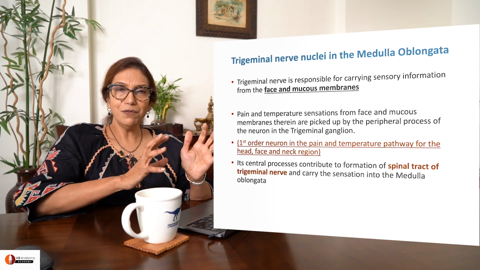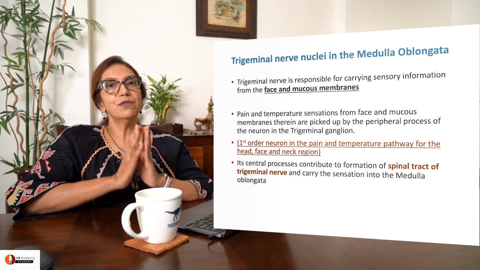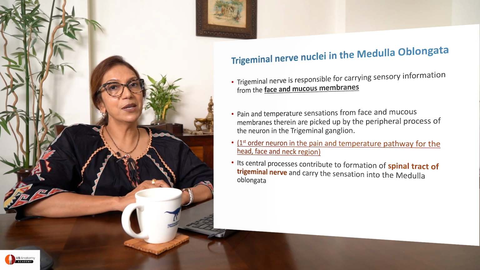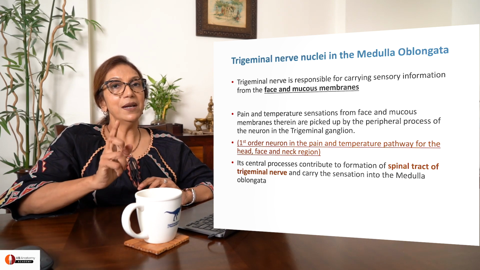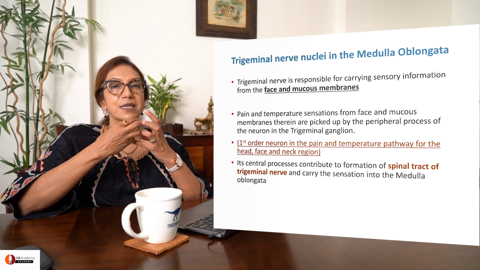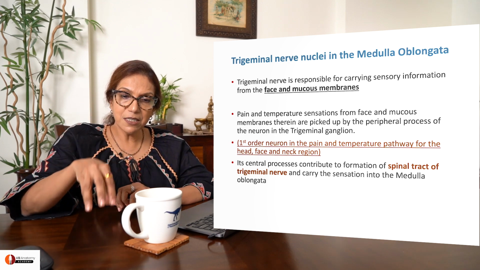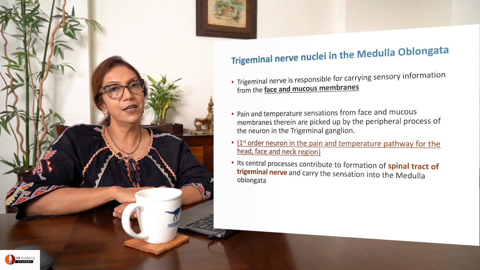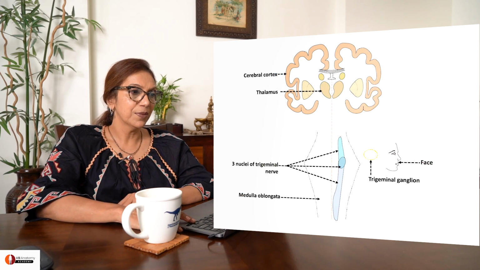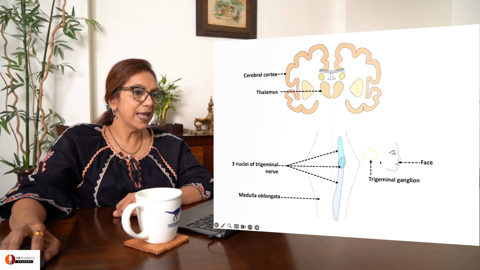So, a lot of information for you. Just remember, pain and temperature from the spinal cord comes via lateral spinothalamic tract, remember? Similarly, pain and temperature from your face and your mucous membranes comes via your trigeminal nerve and relays in spinal nucleus of trigeminal nerve. I will explain this again and again, you will get it. Right. So here's your face, here's your trigeminal ganglion.